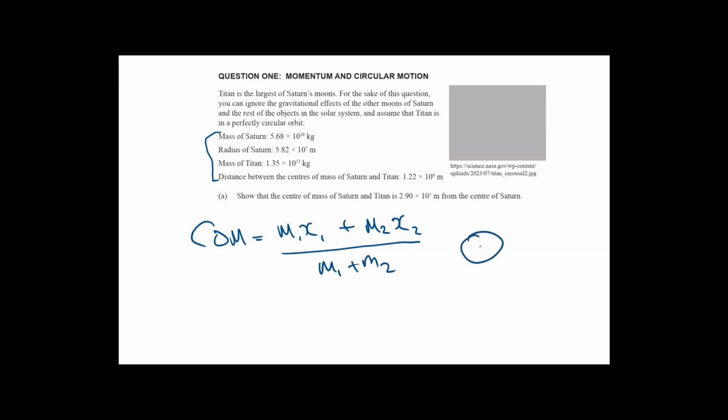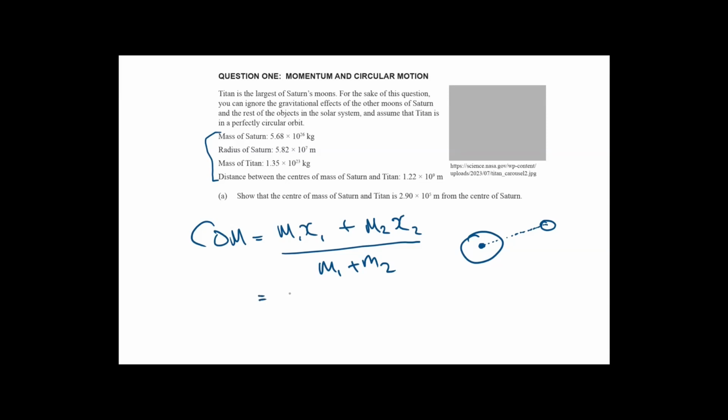If this is Saturn, that's the center of mass of Saturn, and that's Titan, and it's the center of mass of Titan. The center of mass is going to be somewhere along that line. Our origin point, the X point that we're going to measure distances from, I'm going to make the center of mass of Saturn. It's going to be quite handy for us later on in algebraic terms.